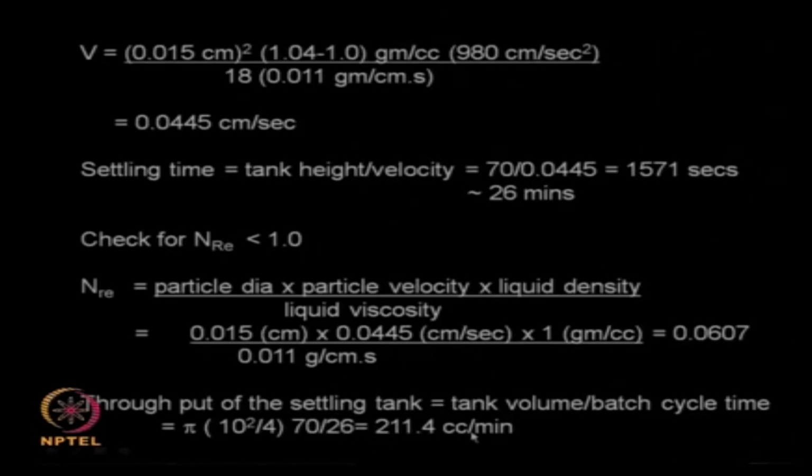So throughput through the tank is about 210 cc per minute. You can process 210 cc per minute of this slurry and achieve a separation between the solids and the liquid through settling, and approximately it will take 26 minutes for the solids to settle.